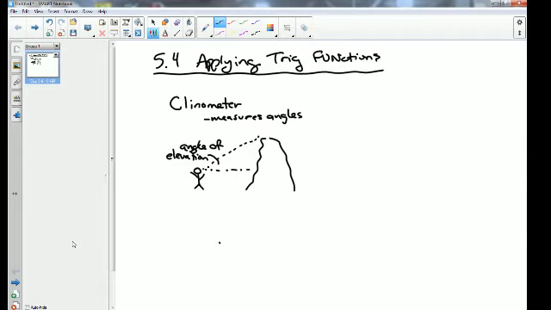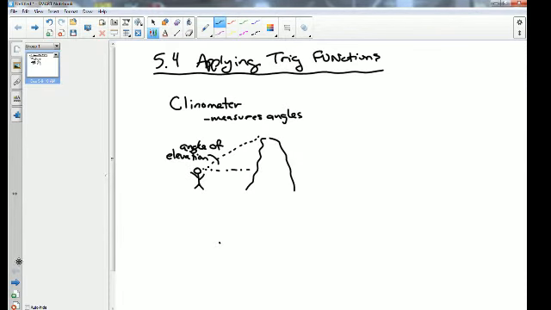With that angle of elevation, you can find the height of that mountain. That's what a clinometer is. That's just a ghetto version of it. My dad had to do that when he was in high school or something. You can get approximate values for the angle of elevation and depression using your cell phone.